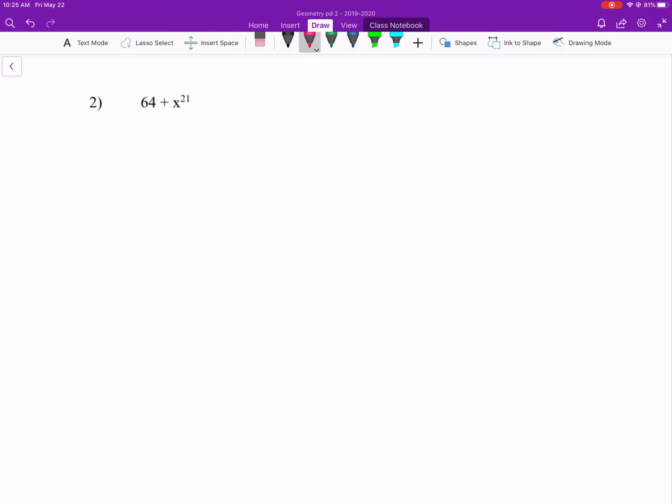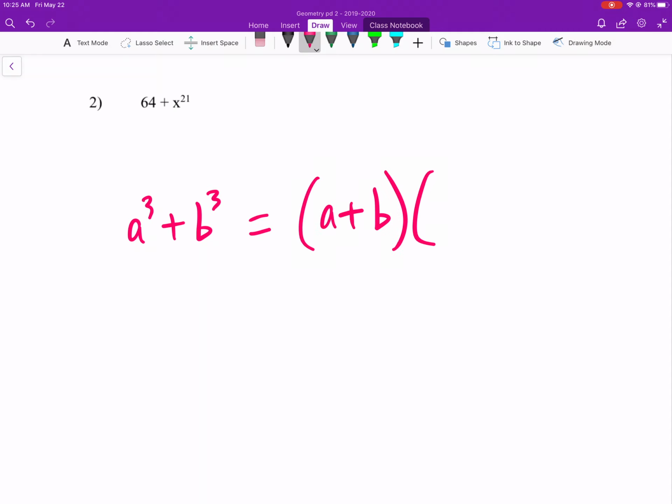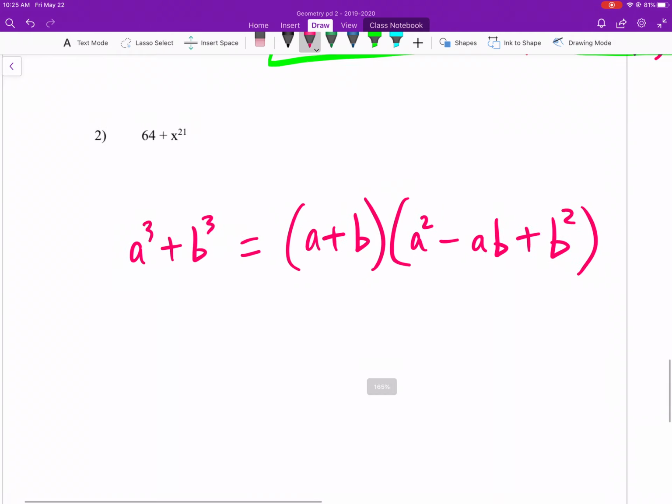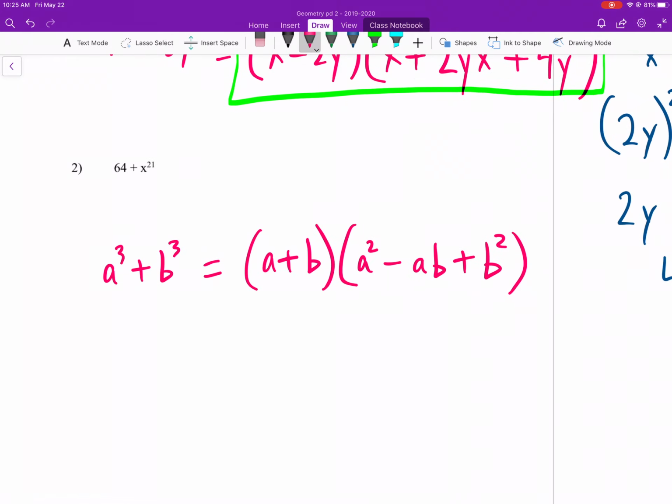We have the sum now, so we're going to practice one with the sum of two perfect cubes. So your factored form looks as so. We would have A plus B times A squared minus AB plus B squared. So 64, we need to find what the A value is.